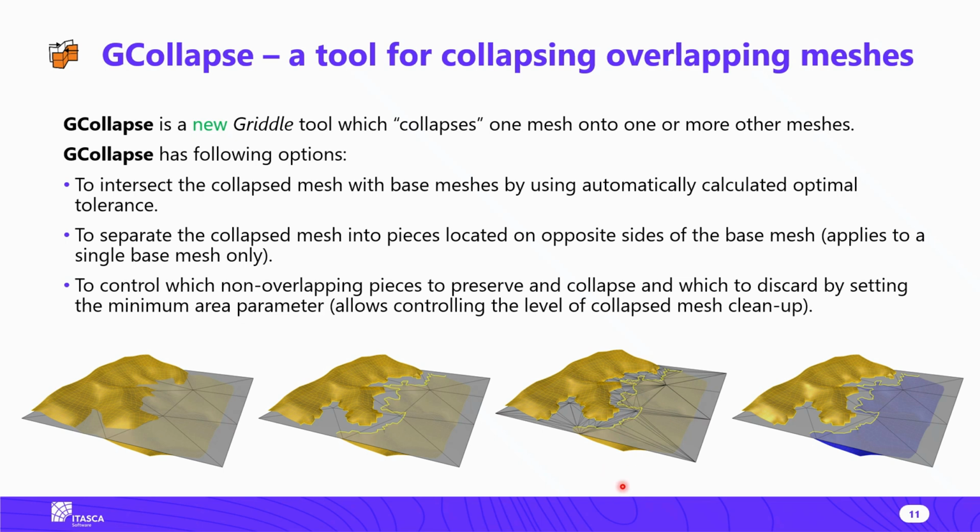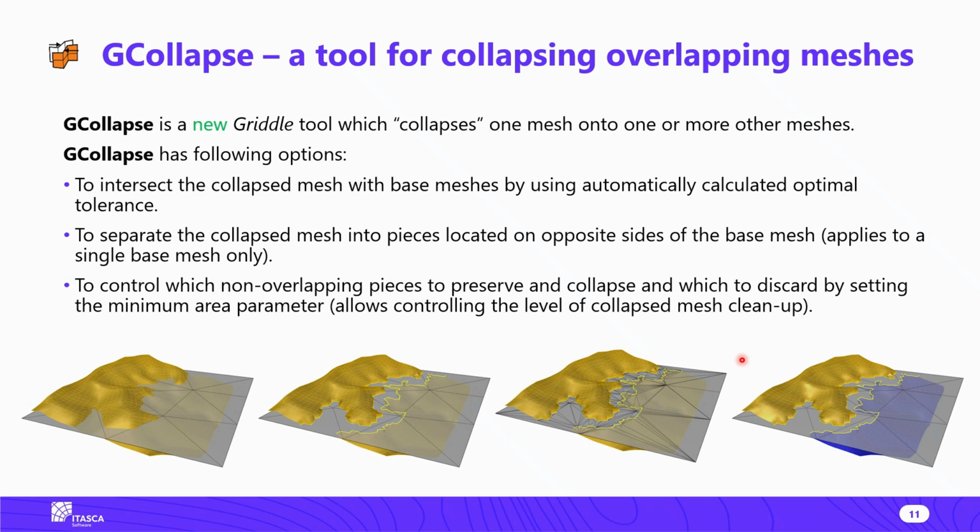gCollapse can also split collapsed meshes into parts located on opposite sides of the base mesh, but it only works when one base mesh is used. And gCollapse allows controlling which collapsed mesh parts to discard or preserve based on an area parameter, because after collapsing, some mesh parts can be very small and they may be discarded as they may not be relevant for future work.